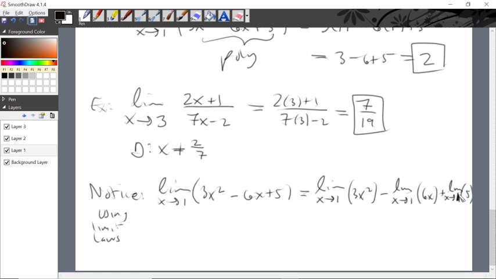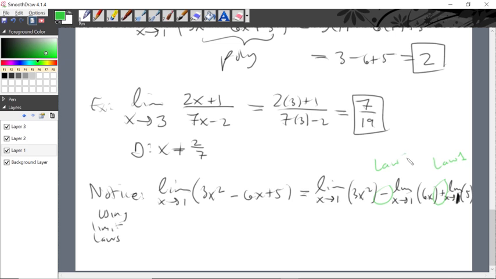Oh, sorry, we're running out of room there. So we have a sum of limits. That's law 1. Law 1 is the one that says that if we have a sum and we're taking the limit of a sum, we can split it up: the limit of the first plus the limit of the second. And we have a difference here.